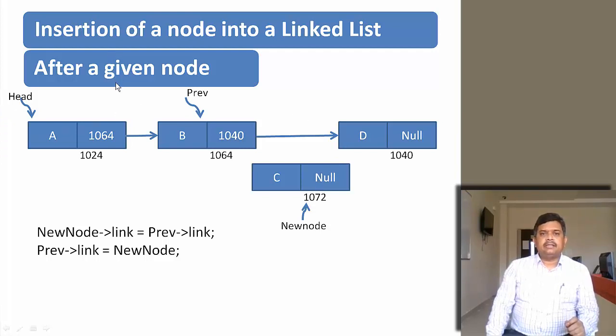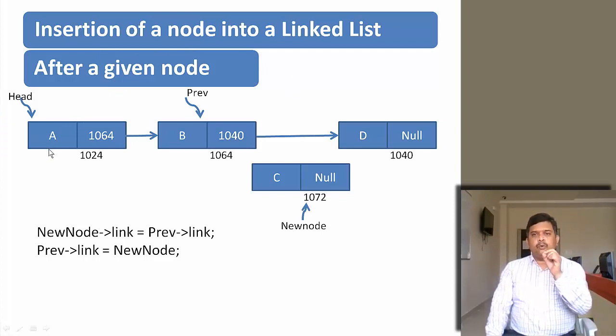So previous link is pointing to a memory location 1040 containing data D. So now this new node's link, which right now is null, will be pointing to the node containing data D at location 1040.